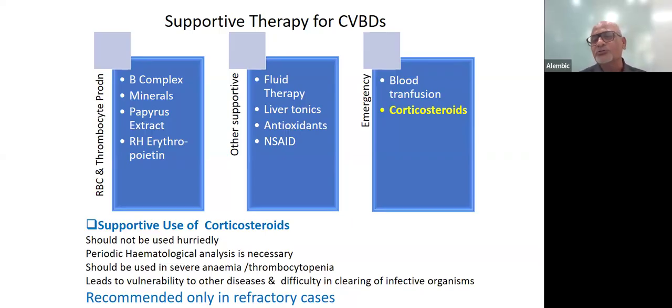But otherwise, corticosteroids, as you all know, are immunosuppressive, so they make the animal vulnerable to a number of infections. And of late, there are quite a few references suggesting that it also interferes with the elimination of the organisms for which the specific therapy is or was given. So corticosteroids should be used in refractory cases.